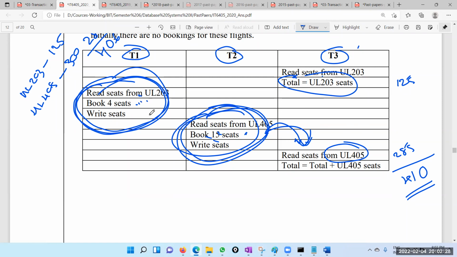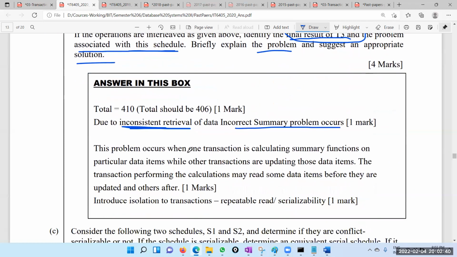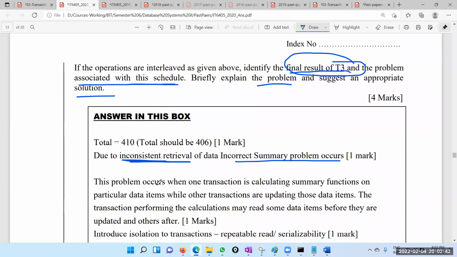Perfectly, inconsistent summary means when you read the same record twice, it has been changed. Actually, these are not the same records. So anyway, the examiner has taken it as inconsistent summary. Then you have to explain it. Now he is explaining the inconsistent summary issue. This problem occurs when a transaction is calculating a summary function on a particular data item while other transactions are updating those data items.